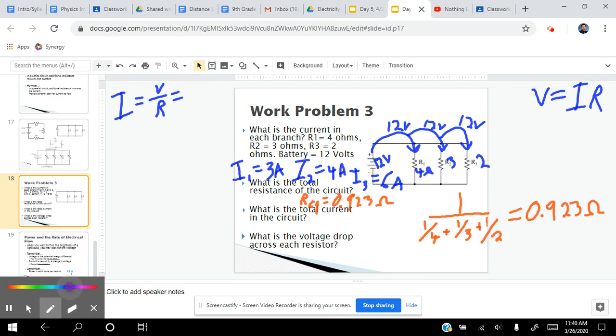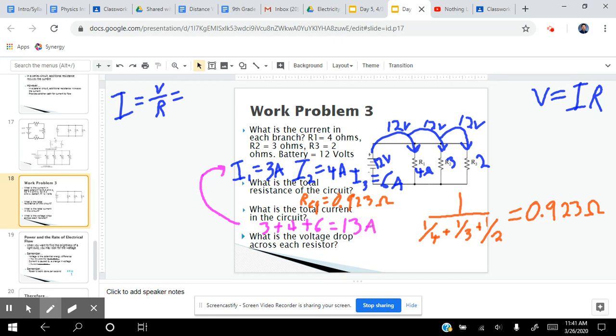Remember, to find total current, we are going to take the current in every single branch and just add them together. So we already solved for the current in every branch up here. So all we have to do is add them together. So we have 3 plus 4 plus 6 to give us 13 amps.